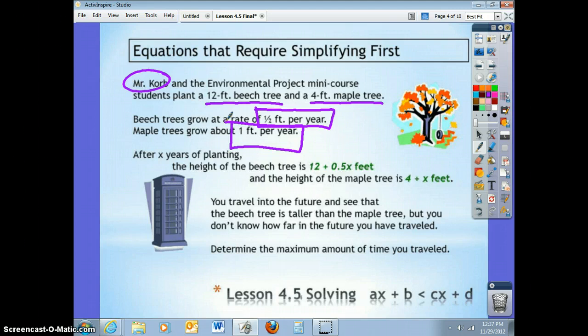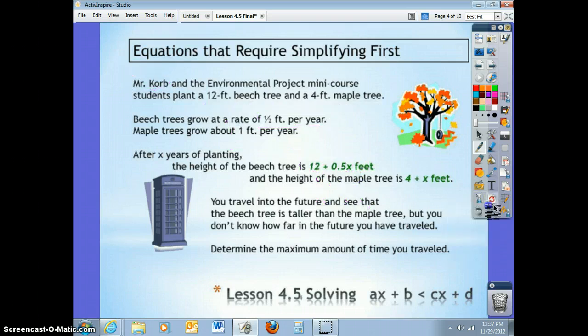Now, having done this before, you should recognize that the constant for the beech tree is 12. The coefficient on x is 1/2, where x is the number of years it's growing. So 12 plus half of a foot for each year, years being x.